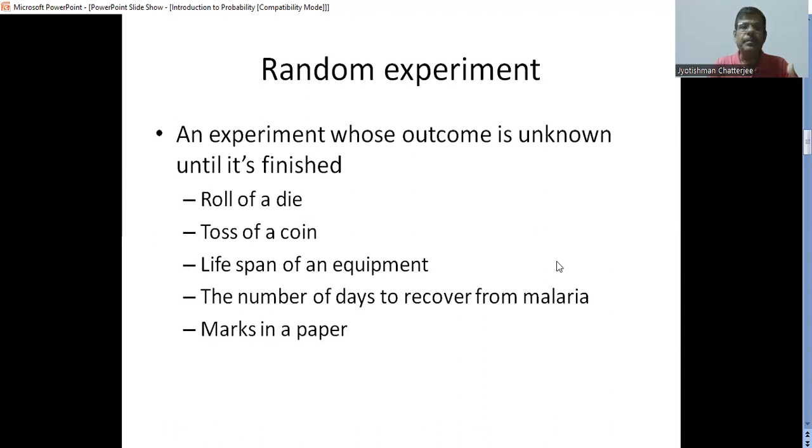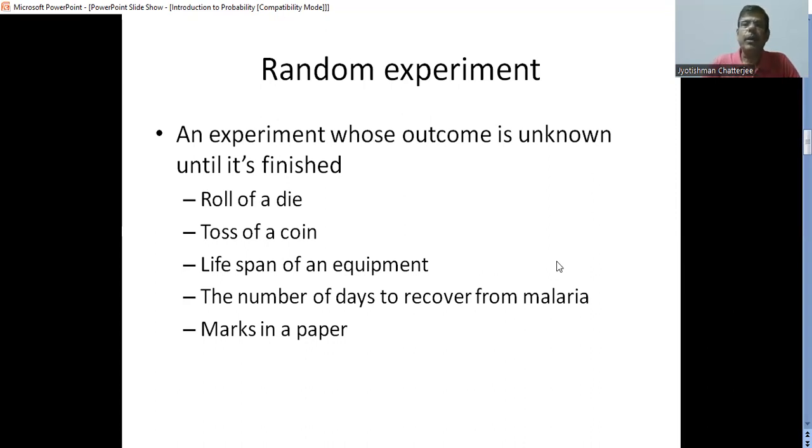Lifespan of an equipment, say you use an electric bulb, and how long that will survive, that will vary from one electric bulb to another. So again, it's a random experiment whose outcome is not certain until the equipment, here electric bulb, goes out of function, goes wrong. Another example, the number of days to recover from malaria.